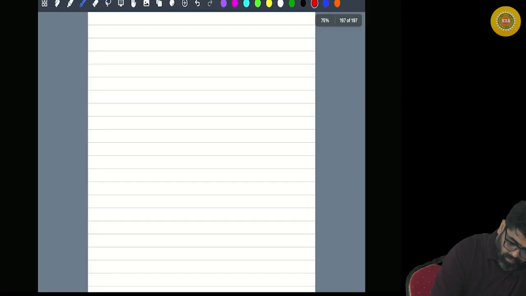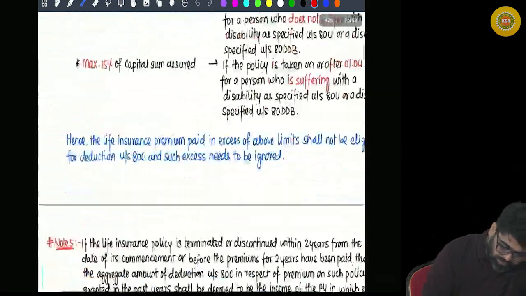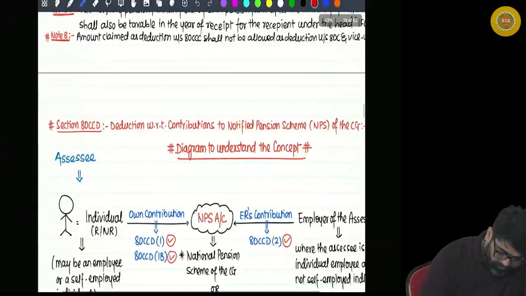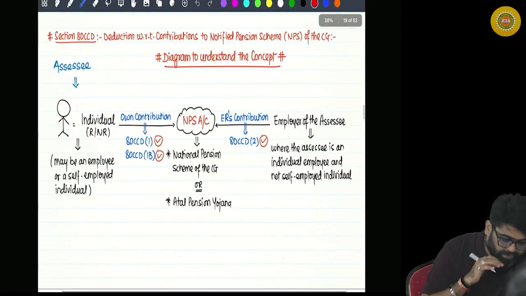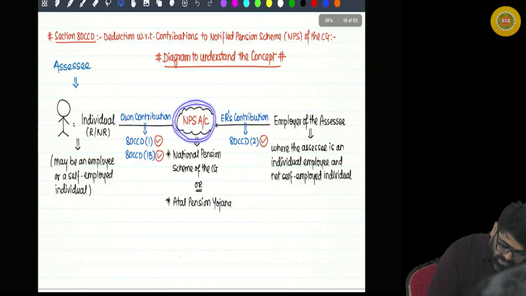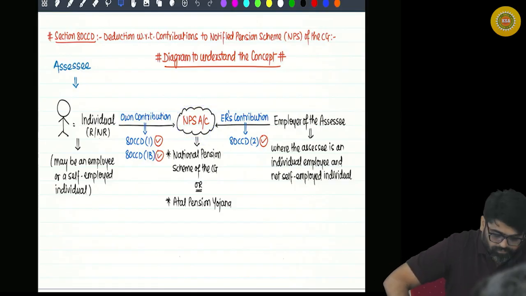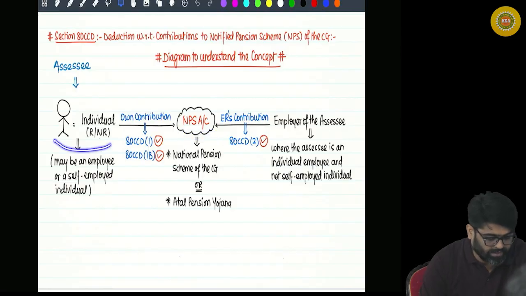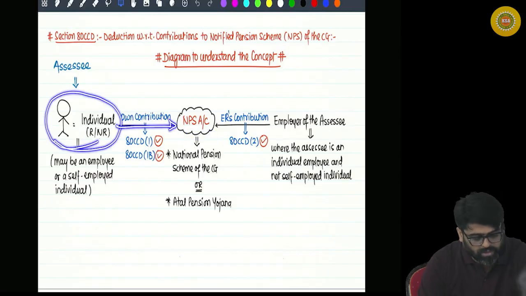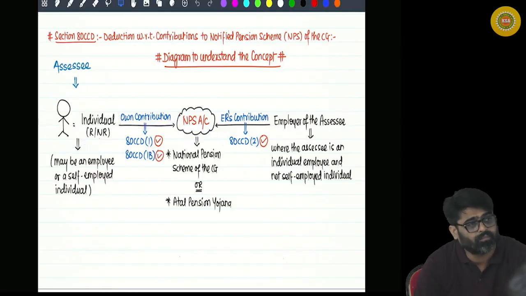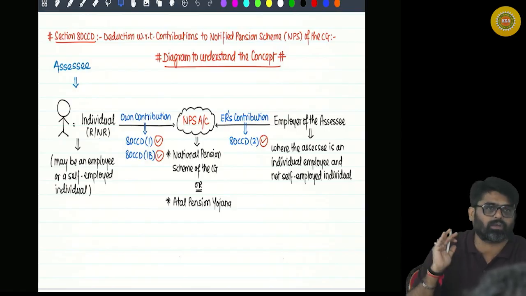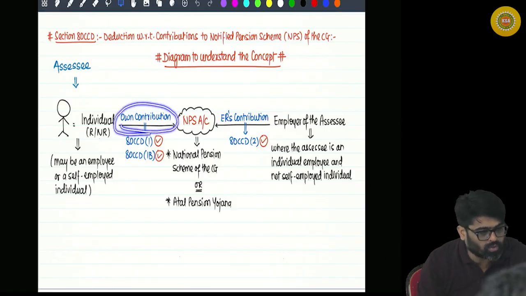See, 80CCD is there. In 80CCD, the NPS account is there. If you are an individual and you contribute in the NPS account, the payment made by you in your NPS account is known as your own contribution.